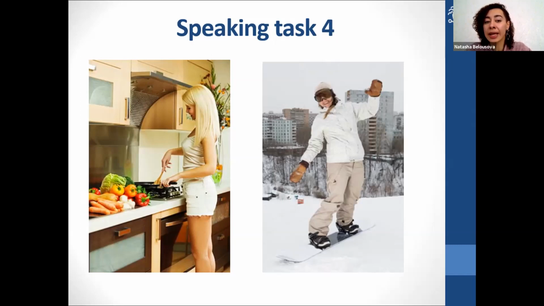You have to say, another difference between these two pictures is the clothes the girls are wearing. So first you categorize the difference. You say what is different, and then you explain. So the first difference between these two pictures is the clothes the girls are wearing.